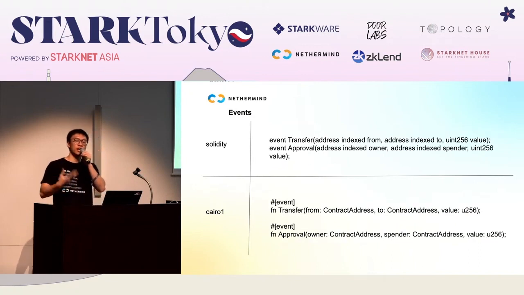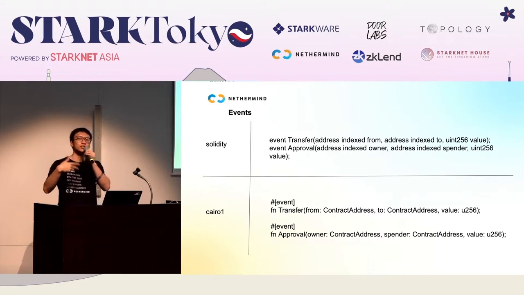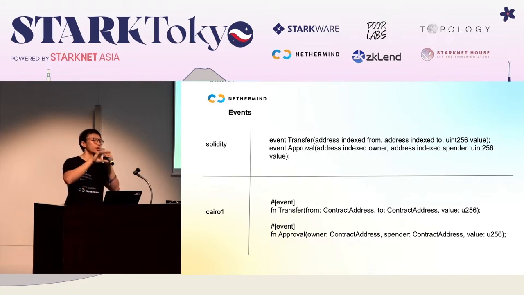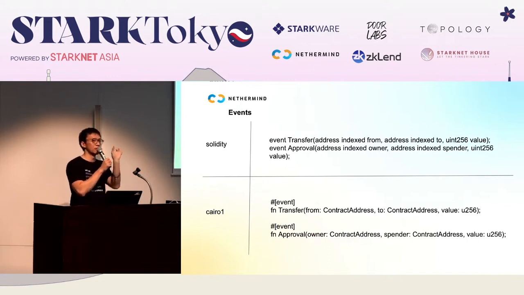So events. Events are very important, especially if you are a dev or a block explorer that wants to know what's happening when the state changes. So you emit events. In Solidity, you declare events by having the event keyword in front of the event name. But in Cairo, instead of the event keyword, you have the event macro, which is hash event, just like that.